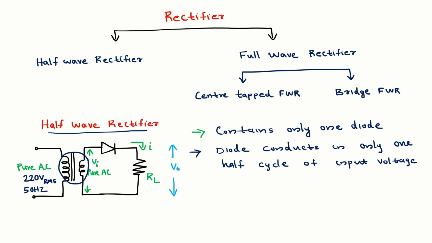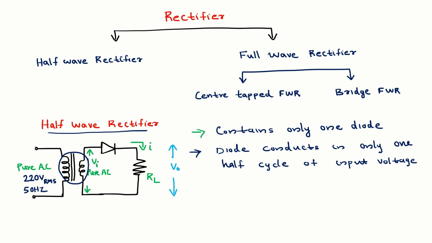All of you know that all electronic components need DC, and these electronic components work in the range of 10 volt, 5 volt, 12 volt, etc. These are all low power devices. From the electric lines, it is 220 volt RMS value.